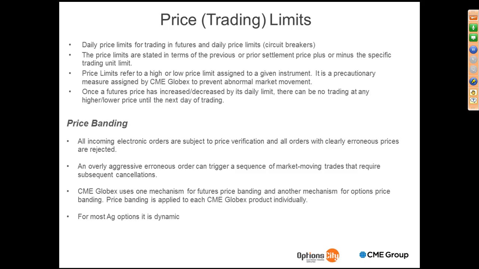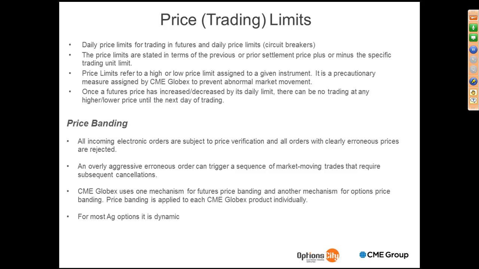Some of the other things that a market maker or an electronic Globex trader should be aware of are price limits. We have price limits for our CBOT options, and the way that works is whenever a price limit is hit, trading halts. This is called a circuit breaker.